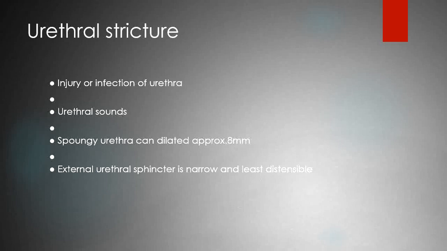The spongy urethra has the capability to expand to 8 millimeters, so it allows the passage of a urethral sound of this size. And the external urethral orifice is the narrowest and the least distensible part of the urethra. Hence, an instrument that passes through this part of the urethra normally passes through all other parts of the urethra.